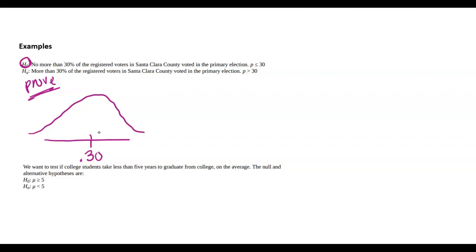Our H0 is less than or equal to that. But if I have a p-hat, a sample proportion that I collect, that ends up having a critical value in this rejection region, then I would have significant evidence in favor of HA. And that's basically what we're going to be trying to find here.